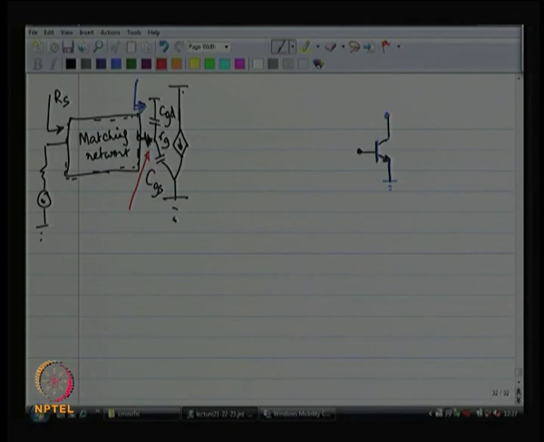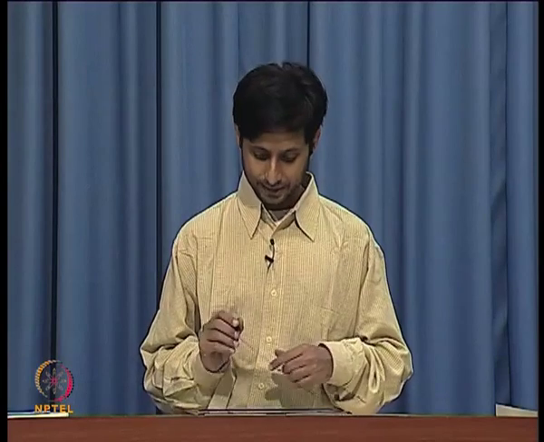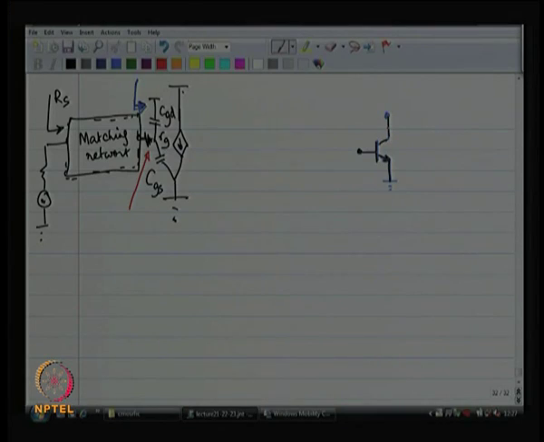As far as the bipolar junction device is concerned, you will see the model for the bipolar junction transistor. Could be something like this.